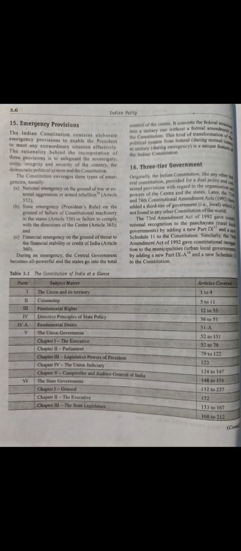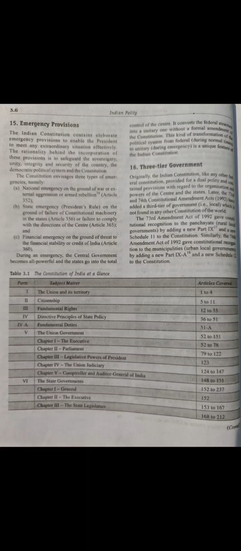The Constitution envisages three types of emergencies, namely national emergency, state emergency, and financial emergency. National emergency on the ground of war or external aggression or armed rebellion, that is Article 352.